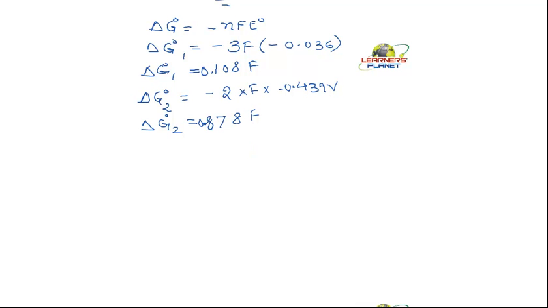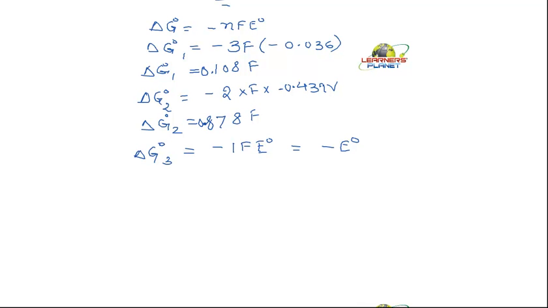Now, what will be the standard free energy for the third one? For the third one, that is your delta G3. I told you, you subtract the two equations, so your delta G3 would be minus n F E naught, where n is 1. So that will be equal to minus F E naught.